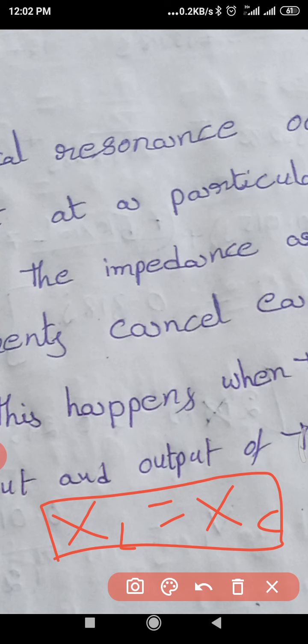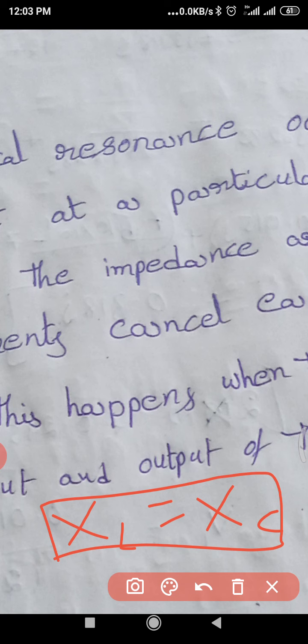That means if the inductive reactance is equal to the capacitive reactance, that is XL equals XC, these two get cancelled. Then our circuit becomes only a resistive network.